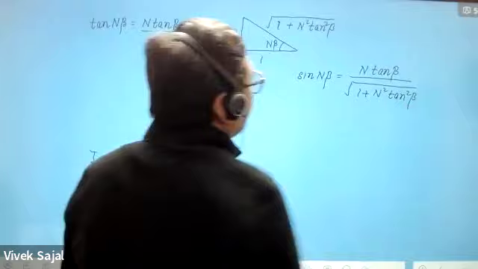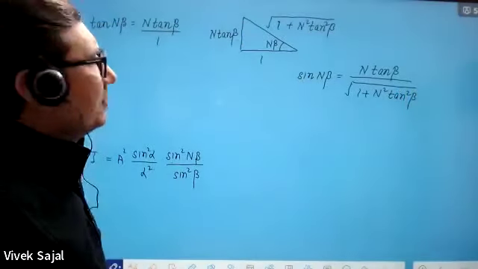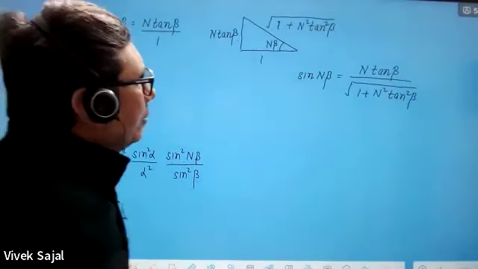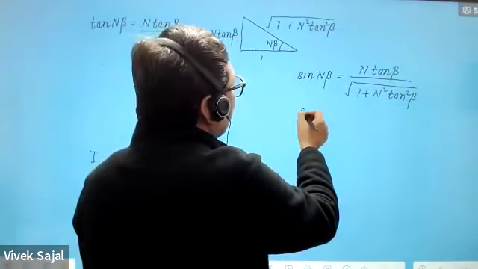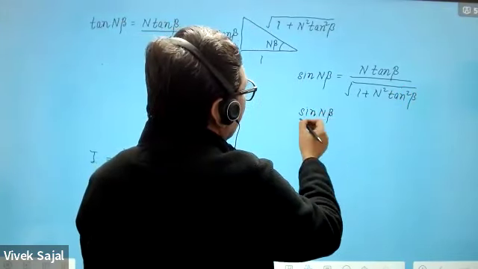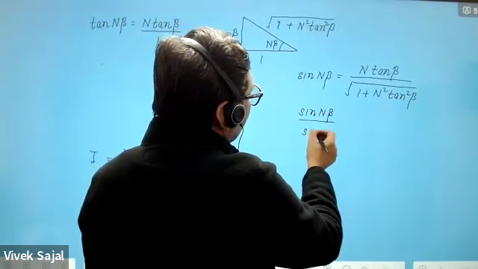It will be like this. Now, you want sine n beta upon sine beta and the square of that. So I divide this equation by sine beta. So this will be sine n beta upon sine beta.